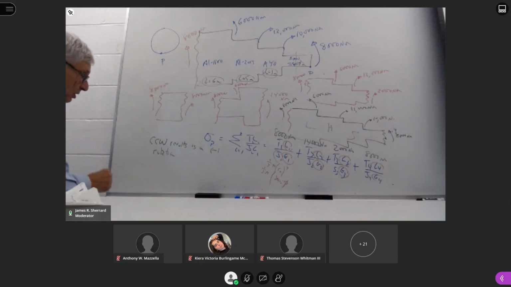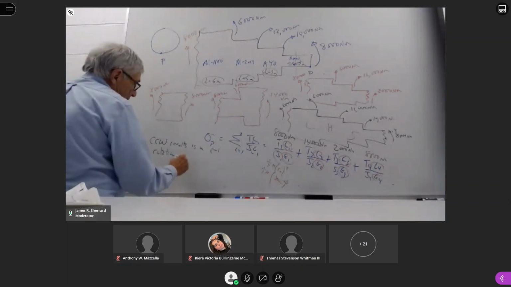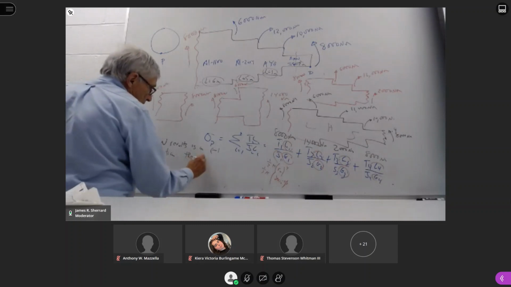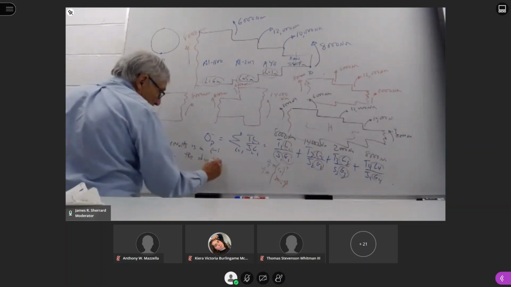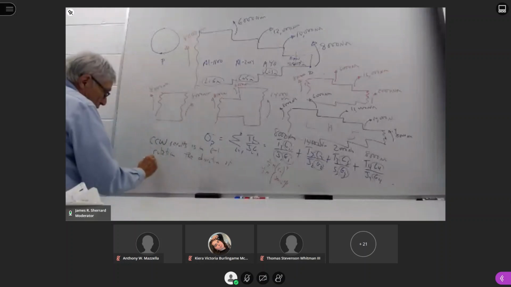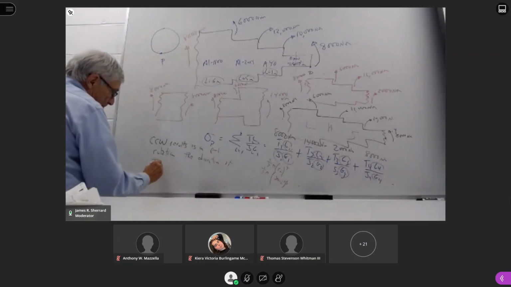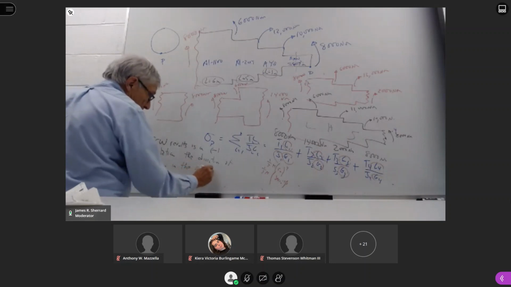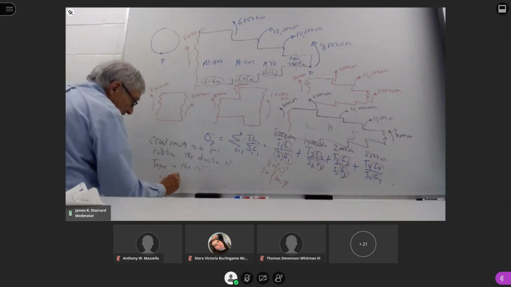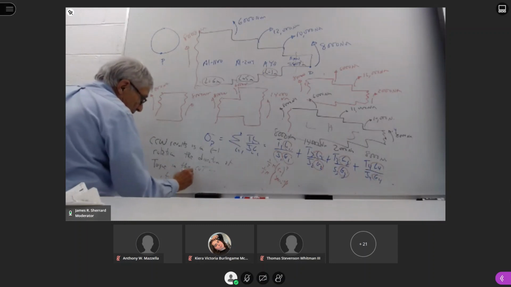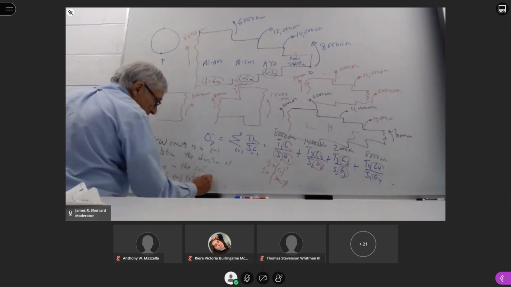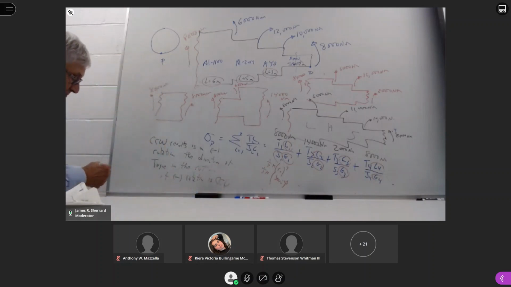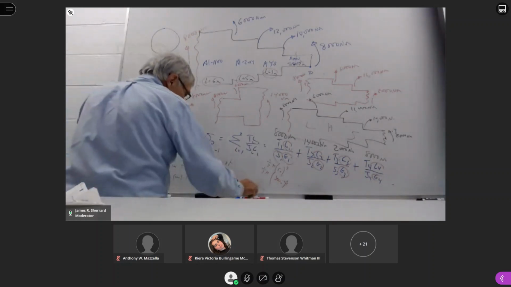So the direction of torque in the cut, if negative, rotation is counterclockwise.